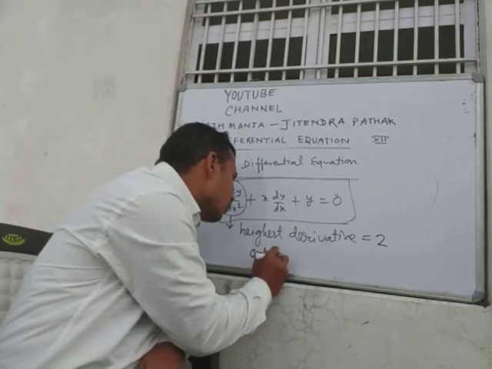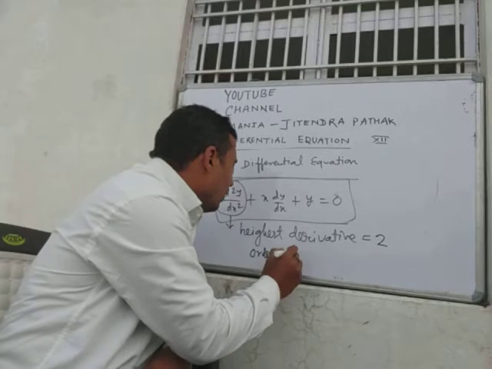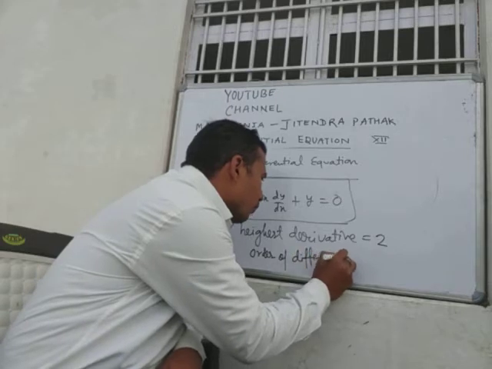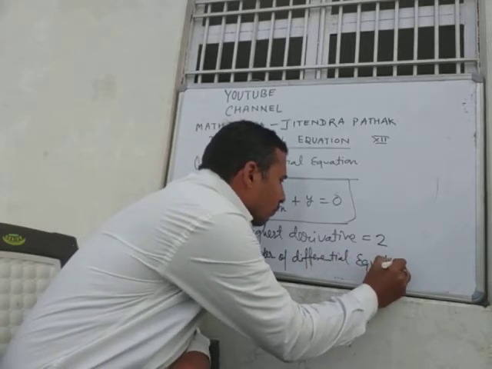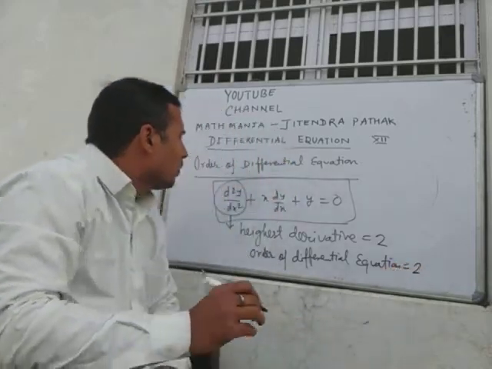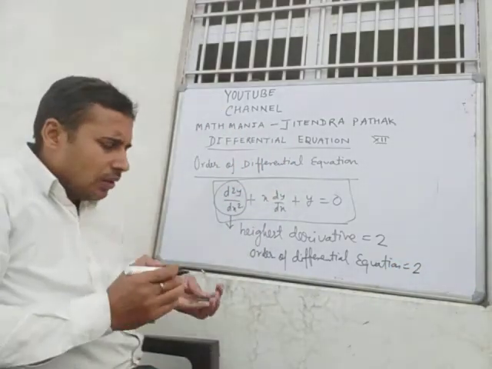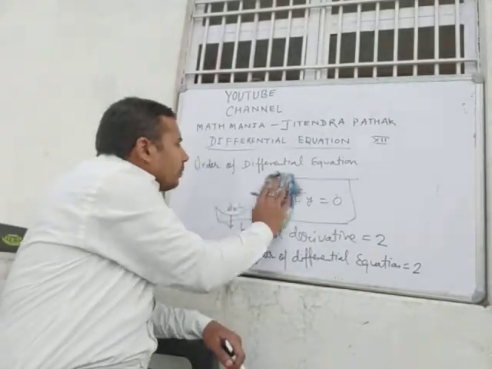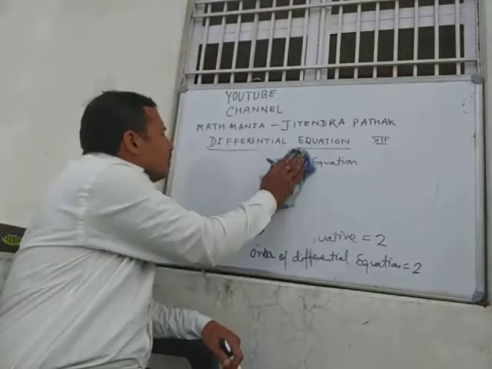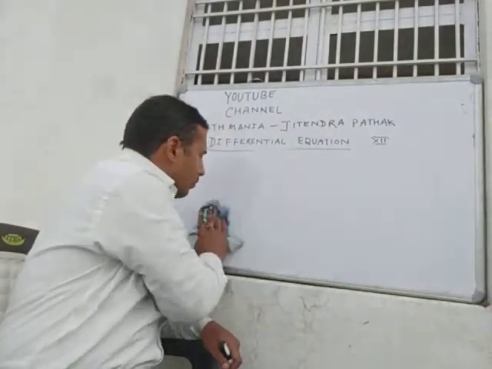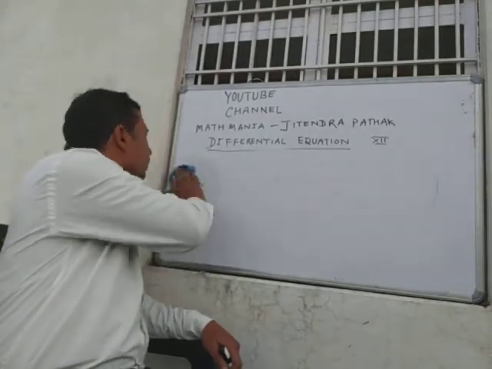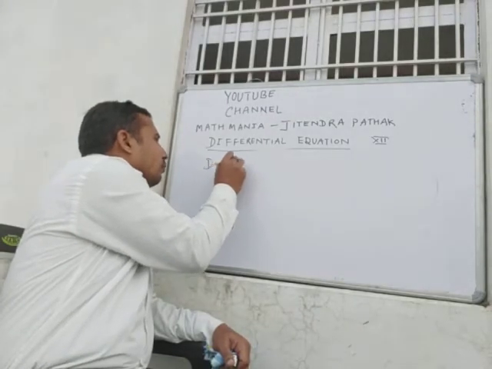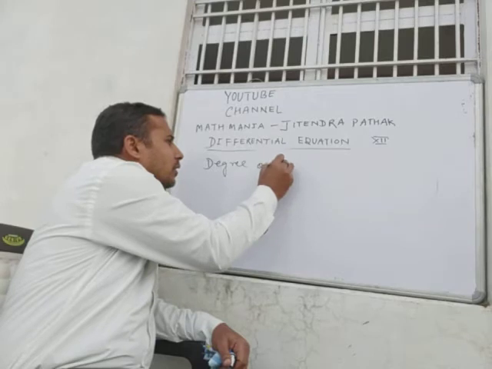So order of differential equation is 2. Now I am talking about degree. What is degree? Let's start. Degree of differential equation.